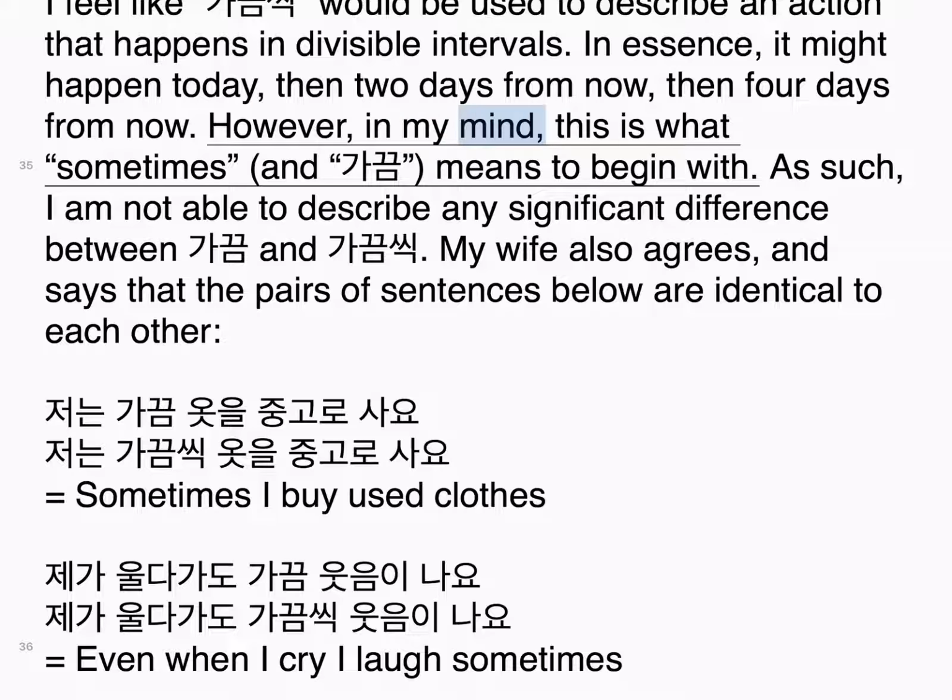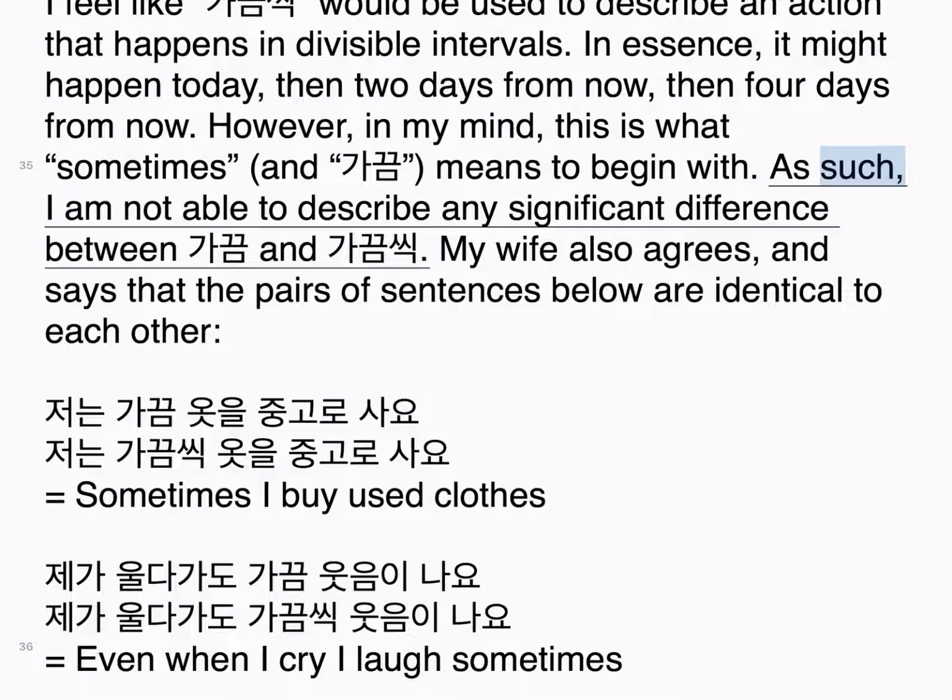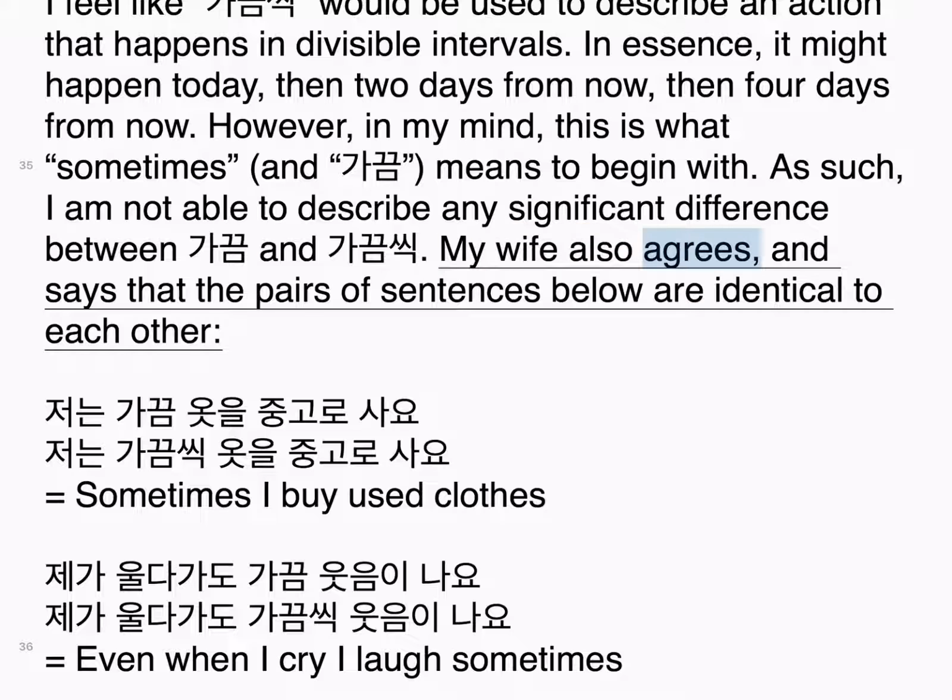However, in my mind, this is what sometimes and 가끔 means to begin with. As such, I am not able to describe any significant difference between 가끔 and 가끔씩. My wife also agrees, and says that the pairs of sentences below are identical to each other.